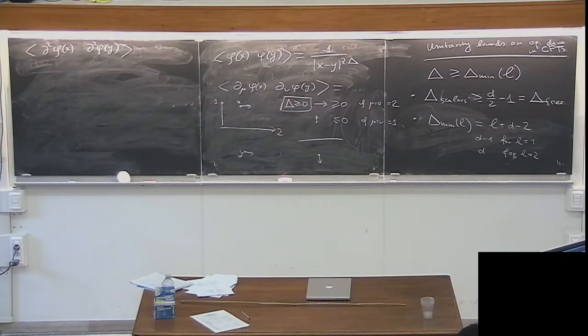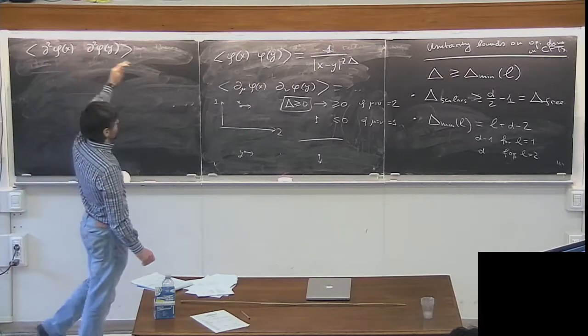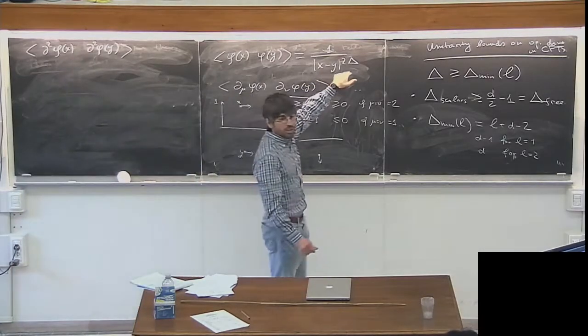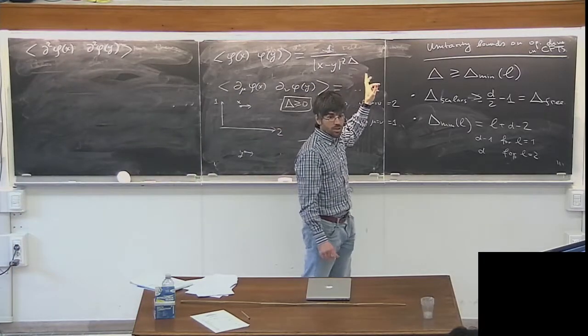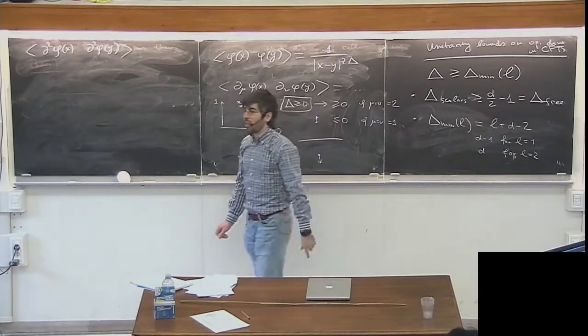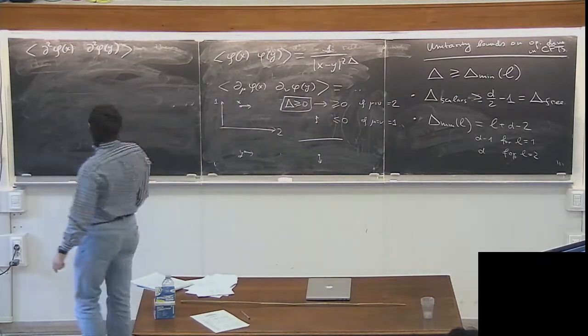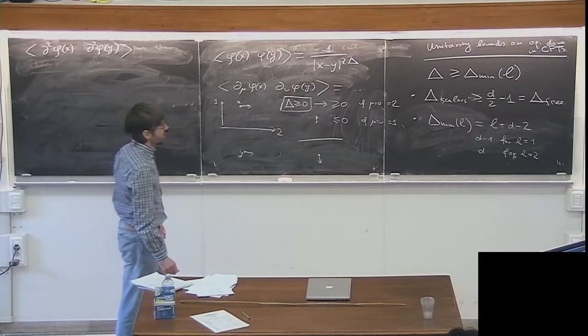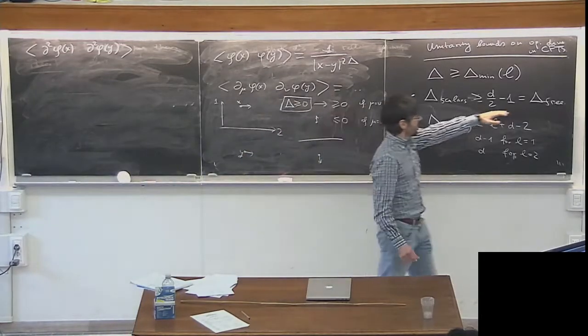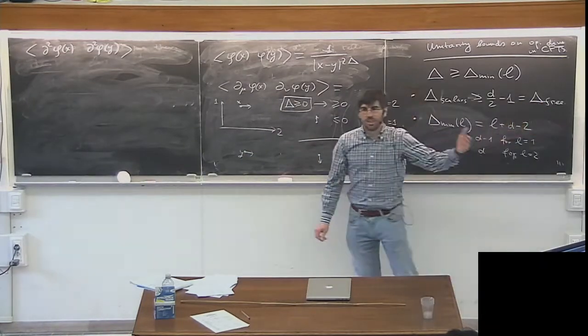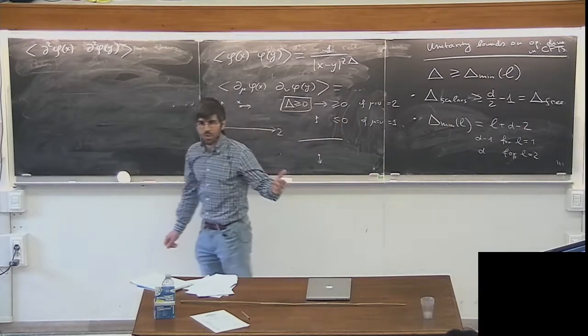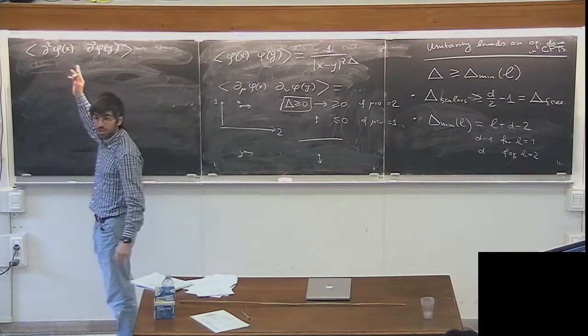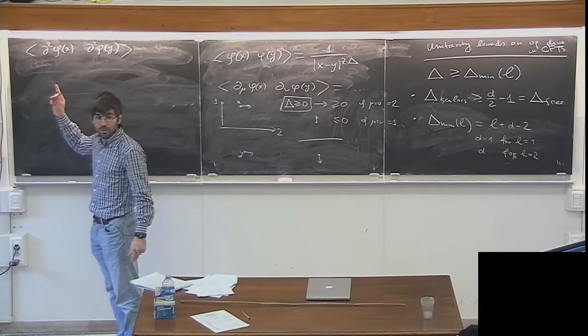Moreover, even without doing any calculation, you already know that once you take these derivatives, you are going to generate some polynomial in delta in the numerator. And without doing any calculation, you know that this polynomial is going to have a 0 at delta equals delta 3. Because delta 3 is a free scalar, it satisfies the equation box phi equals 0, so this is going to vanish for a free field.